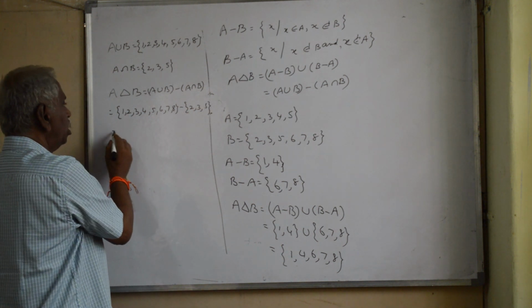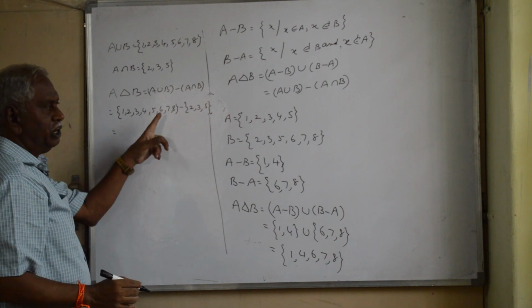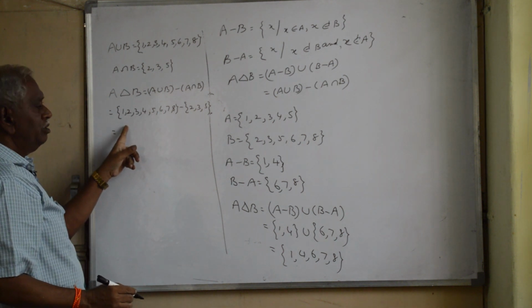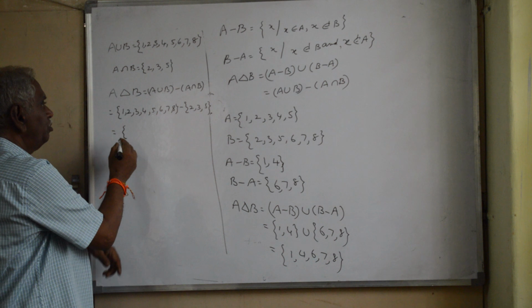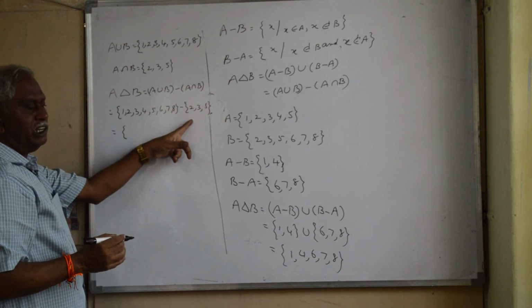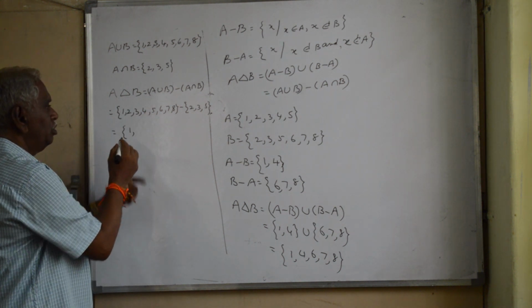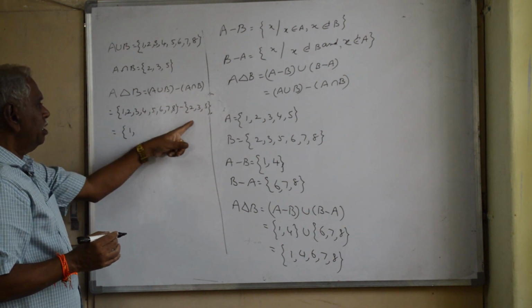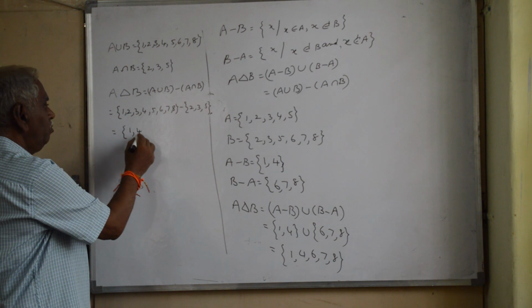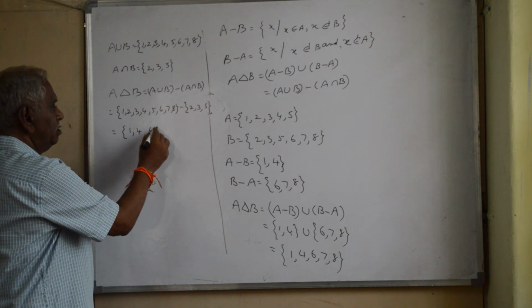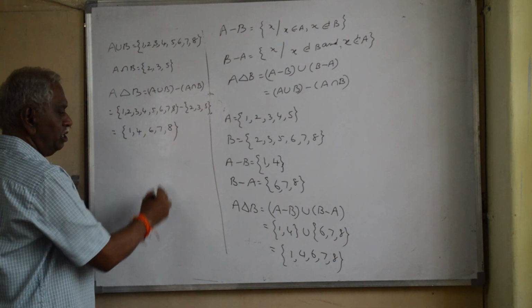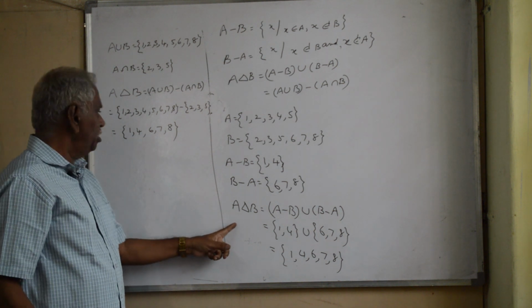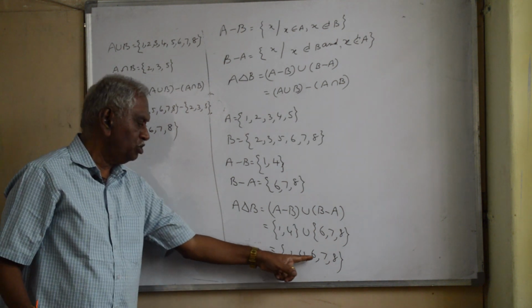So the elements which are in A union B but not in A intersection B: 1 is an element of A union B but not in A intersection B, so we can write 1. 2 is here, we ignore it. 3 is also here. Next 4, 6, 7, 8. Look here, A delta B is 1, 4, 6, 7, 8.